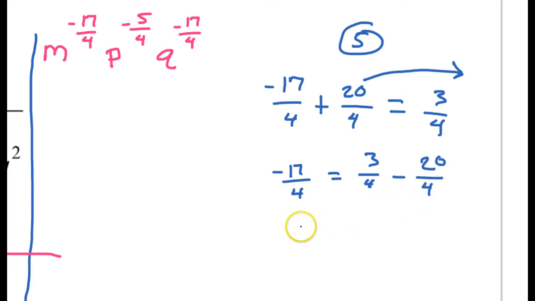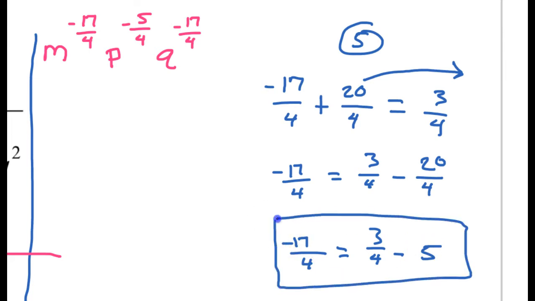Okay, and that's the same thing as this. Negative 17 over 4 is equal to 3 over 4 minus 5. Remember? So we can use this fact to rewrite the m and the q because they both involve negative 17 over 4.